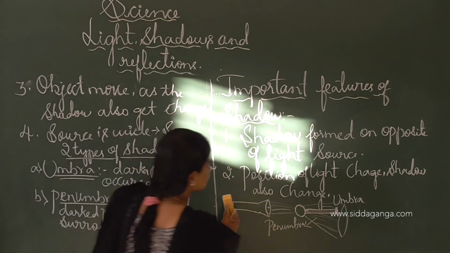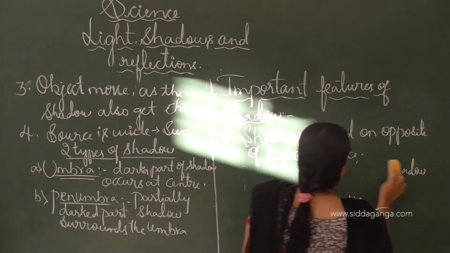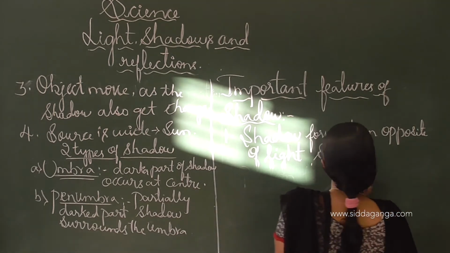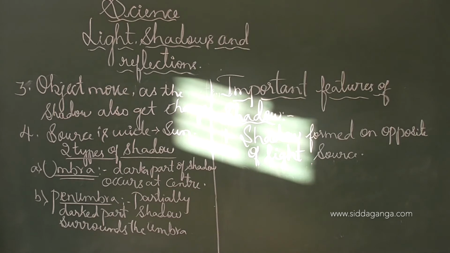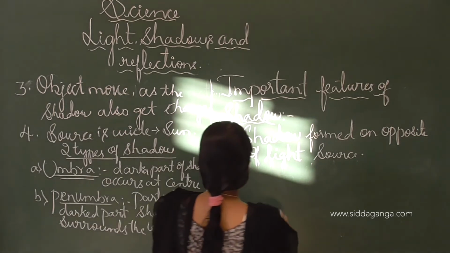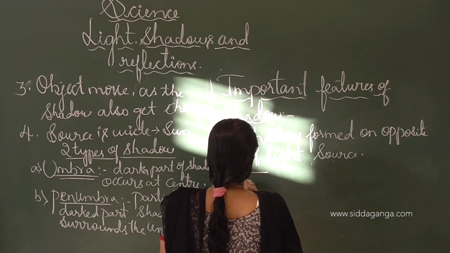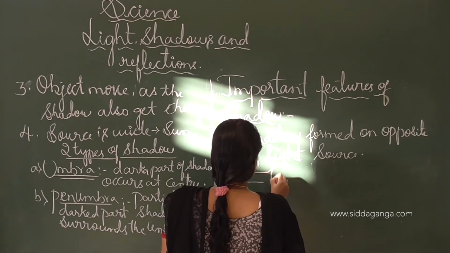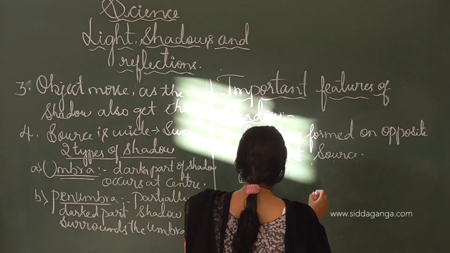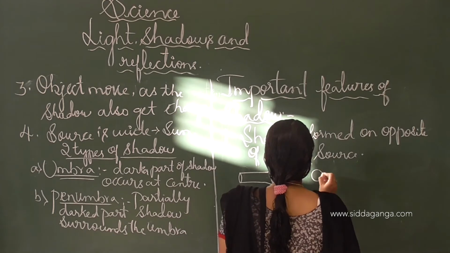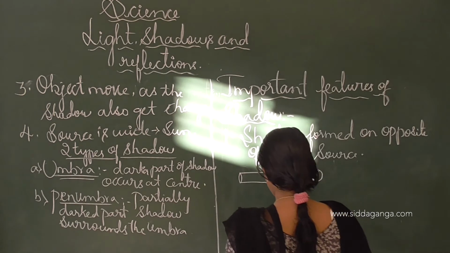See, once again I will draw the diagram clearly so that you can easily understand the difference between the penumbra as well as the umbra stage. See, here I will take the torch, and here I will take the ball or any kind of round shaped object.